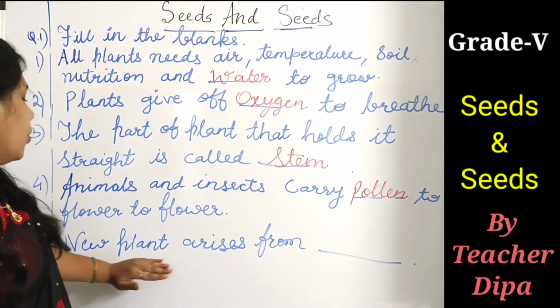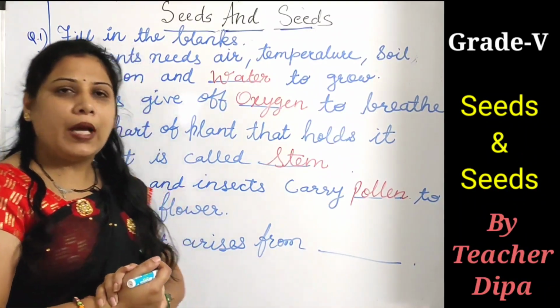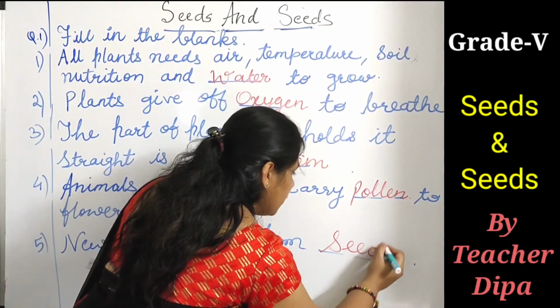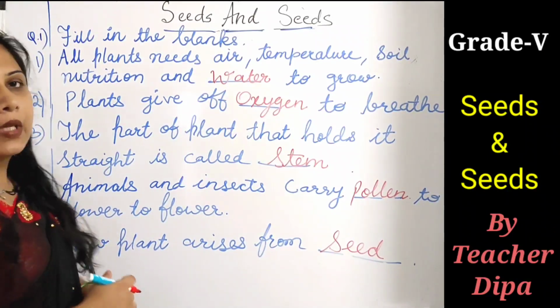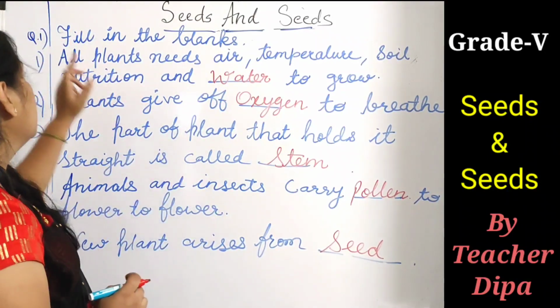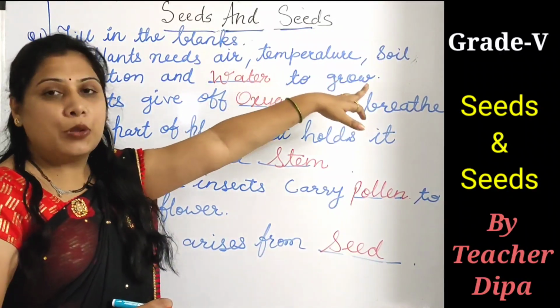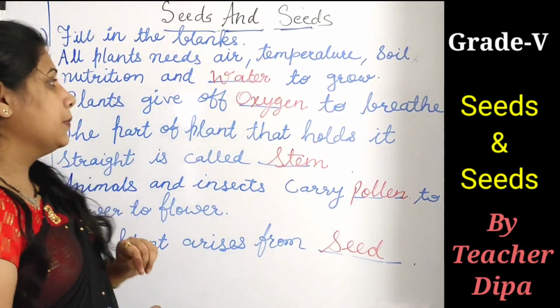Next is new plant arises from dash. Now from what can we get the new plant? When a seed is growing up, the new plant will arise. So the answer for that is seed. So we can repeat it again. All plants need air, temperature, soil, nutrition and water to grow.